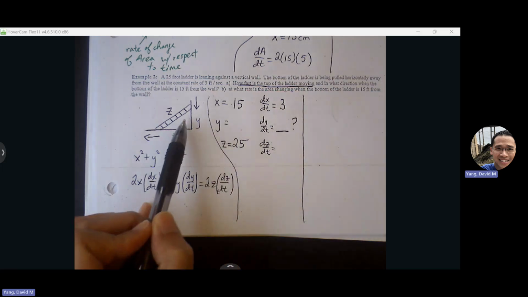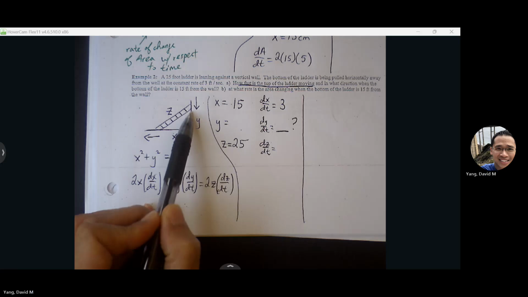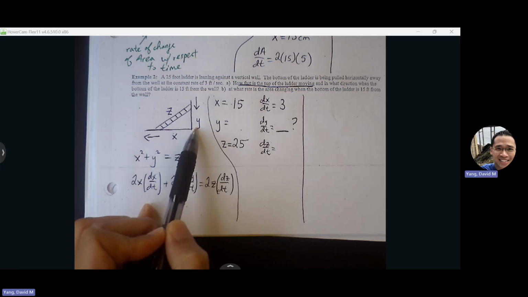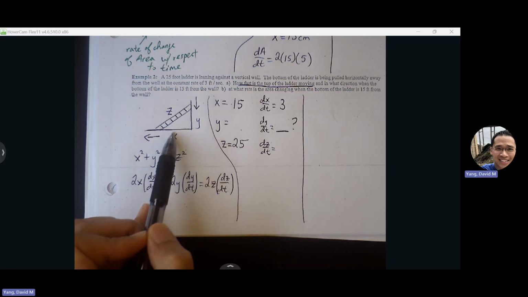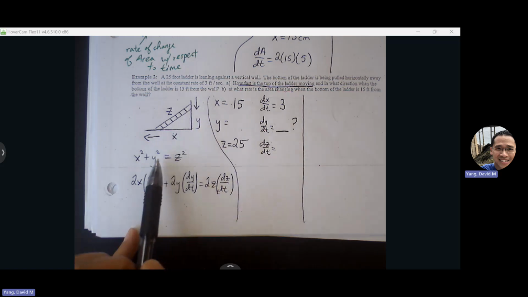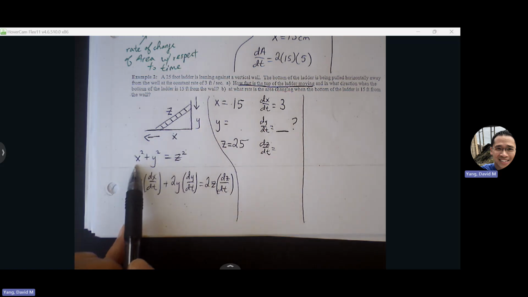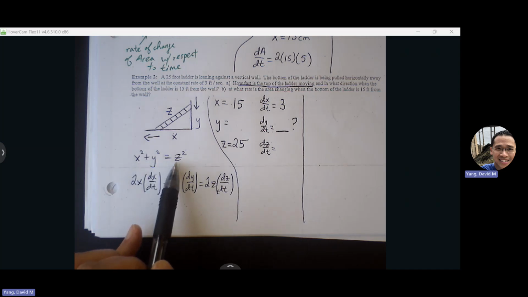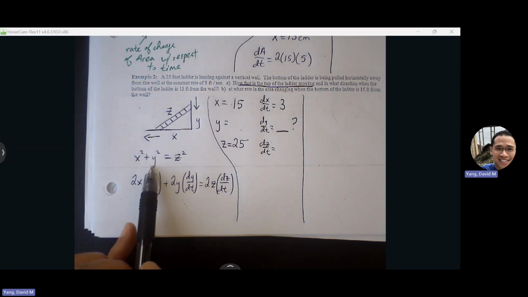So y is the vertical length of this triangle at this moment in time. Well, if I have 2 sides of a right triangle, can I find the third side? Yeah. So Pythagorean theorem, right? x squared plus y squared equals z squared. So plug in 15 for x, plug in 25 for z, and solve for y.